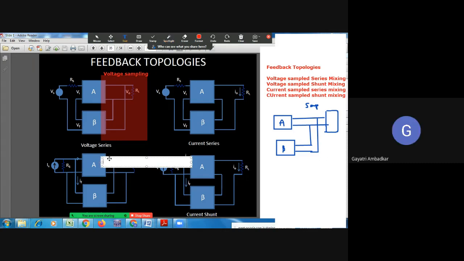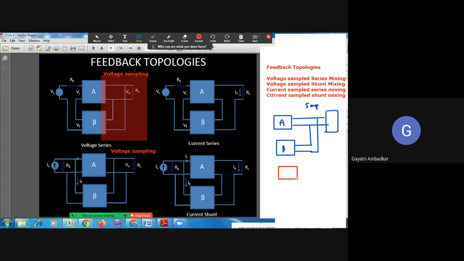So here also what is sampled is voltage. Here also voltage sampling is done. In this case, if you want current to be sampled, then your beta network and the output of the amplifier shall be connected in series.